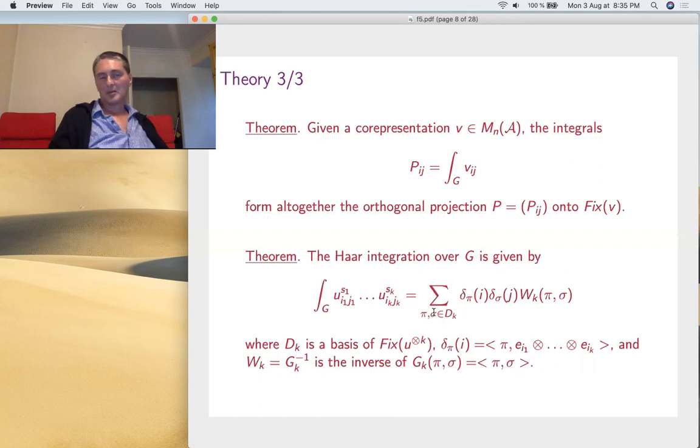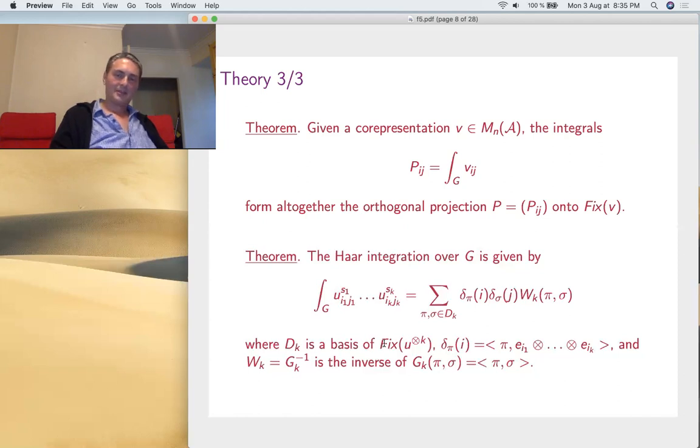And this is somehow the Weingarten formula, but in abstract form. I mean, C_DK is just an abstract basis of the fixed points of U^k. So this comes right from Peter-Weyl theory. Now in practice, when you see this, the problem is to compute the basis of the fixed points of U^k for all these quantum groups you're interested in. So how to compute that?